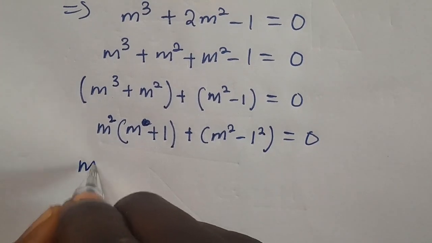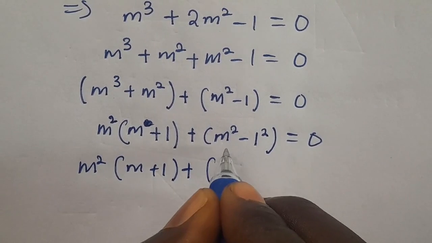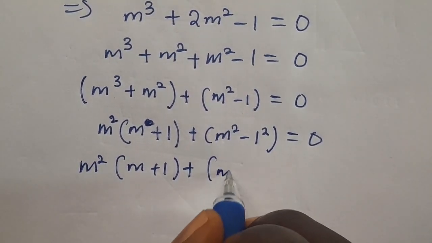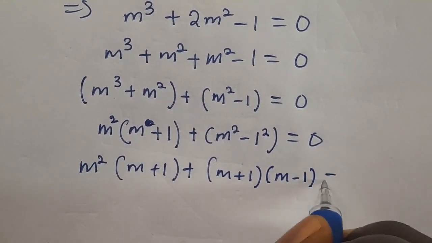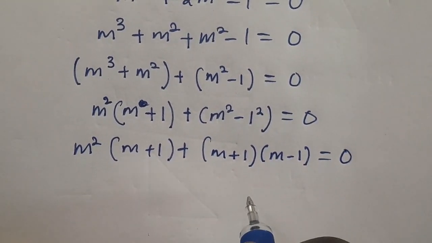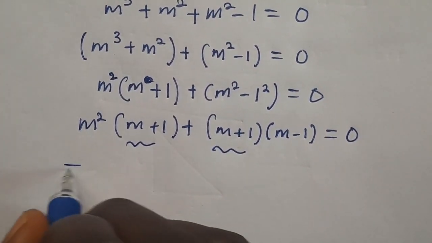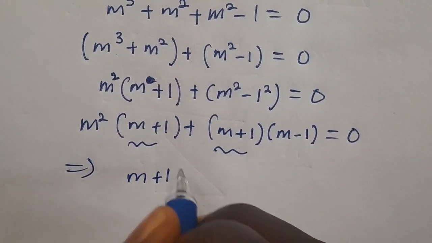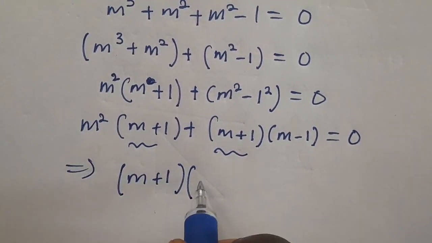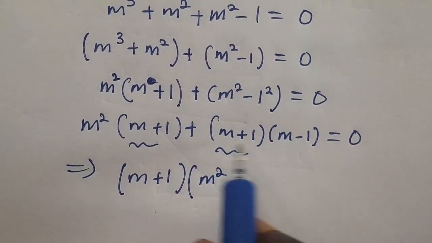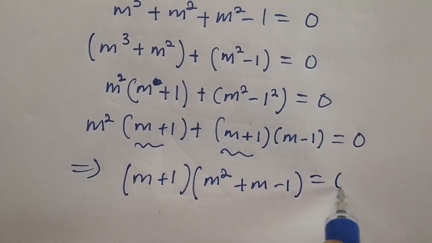So for this, we have m squared into m plus 1, plus, by using difference of two squares, we can have this as m plus 1 multiplied by m minus 1. We have everything equal to 0. We can factor out m plus 1, then multiplied by the whole of this divided by this, we have m squared, then the whole of this divided by this, we have plus m minus 1, equals 0.